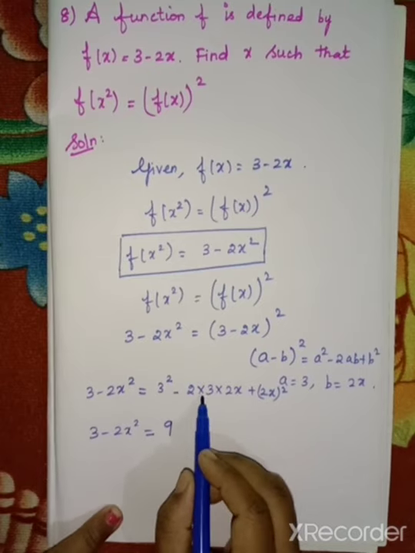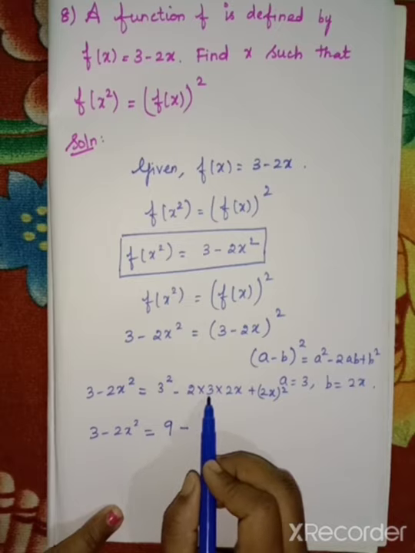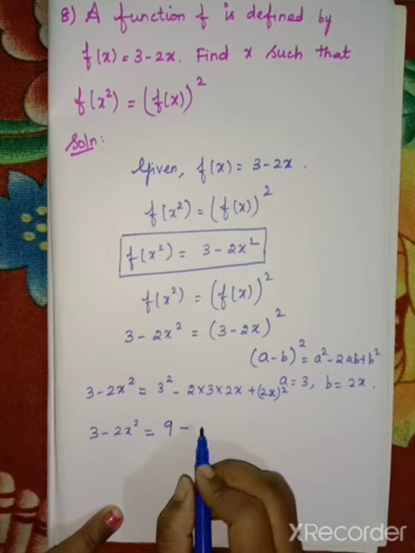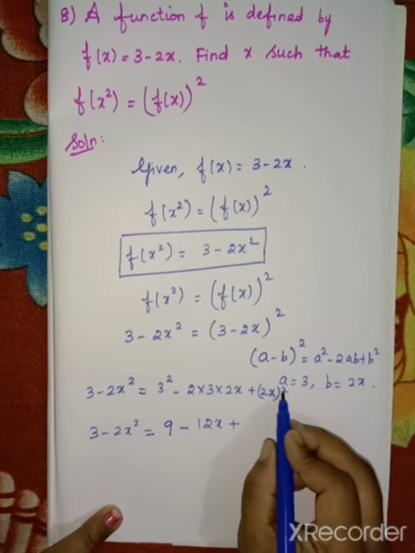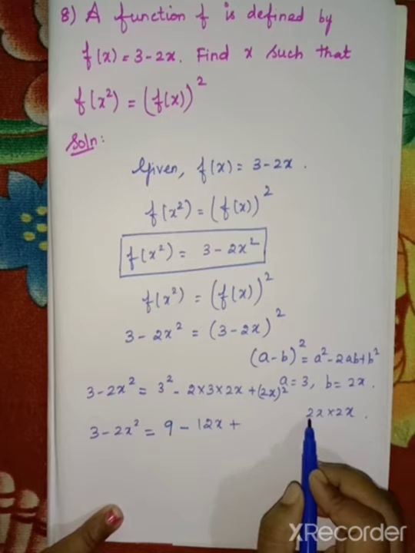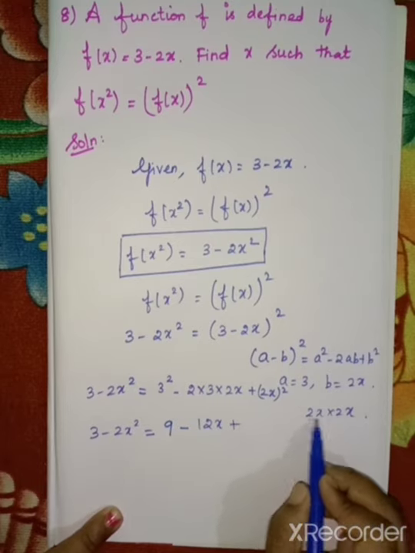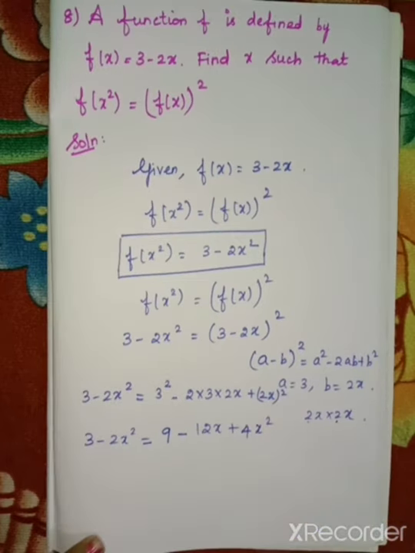Here minus into plus minus, so minus into plus minus 2 3s are 6, 6 2s are 12, 12 into x, 12x plus here 2x the whole square, so 2x into 2x, so just you have to multiply, so 2 2s are 4, x into x, that means x squared.